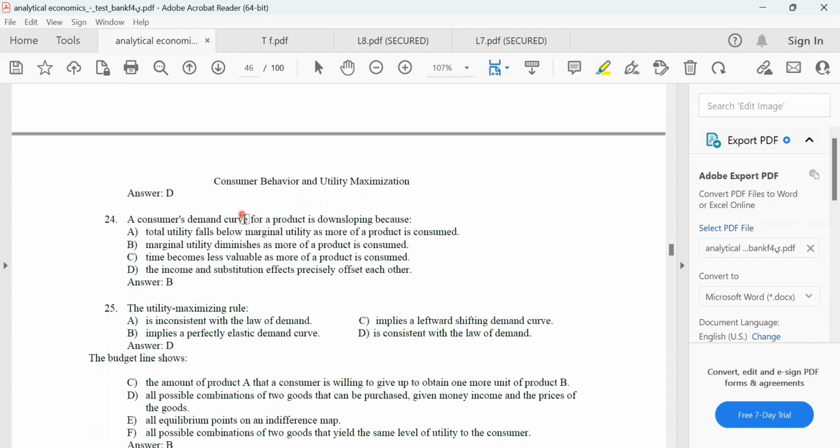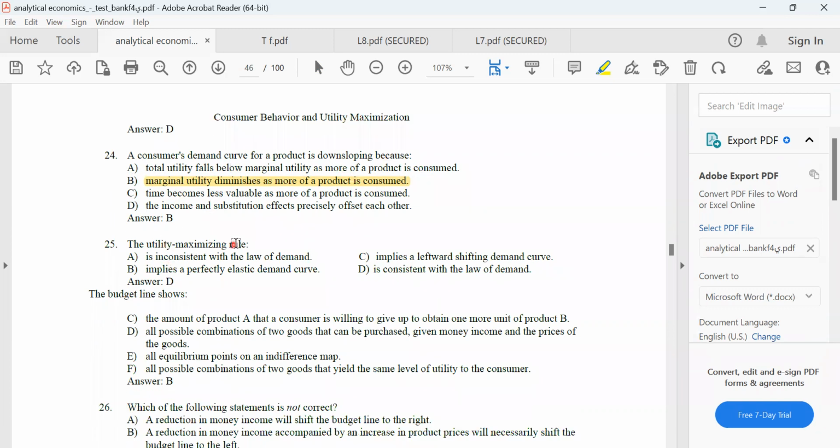A consumer's demand curve is downsloping because marginal utility diminishes as more of the product is consumed. According to the law of diminishing marginal utility, the more of a product is consumed, the less is the marginal utility, and this is consumer behavior and utility maximization.